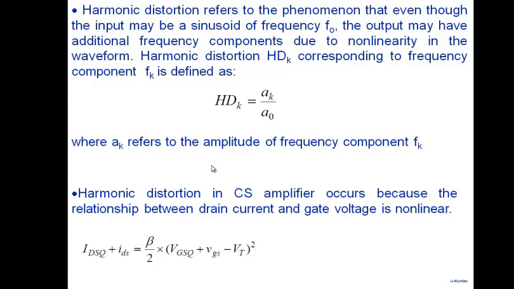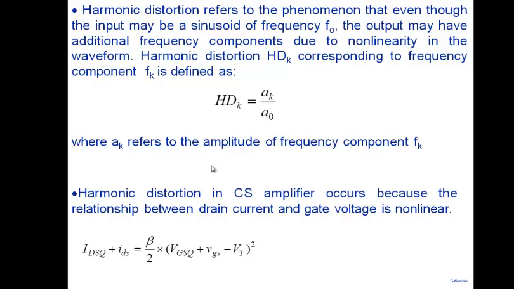Now what I've done, we've done that earlier also. If you want to find out, apart from the DC, this small VGS is also attached to it. So we have added VGSQ plus VGS minus VT. And as a result of this VGS, which is nothing but input voltage, there is a small IDS also. So apart from the bias point, there is a small IDS also.